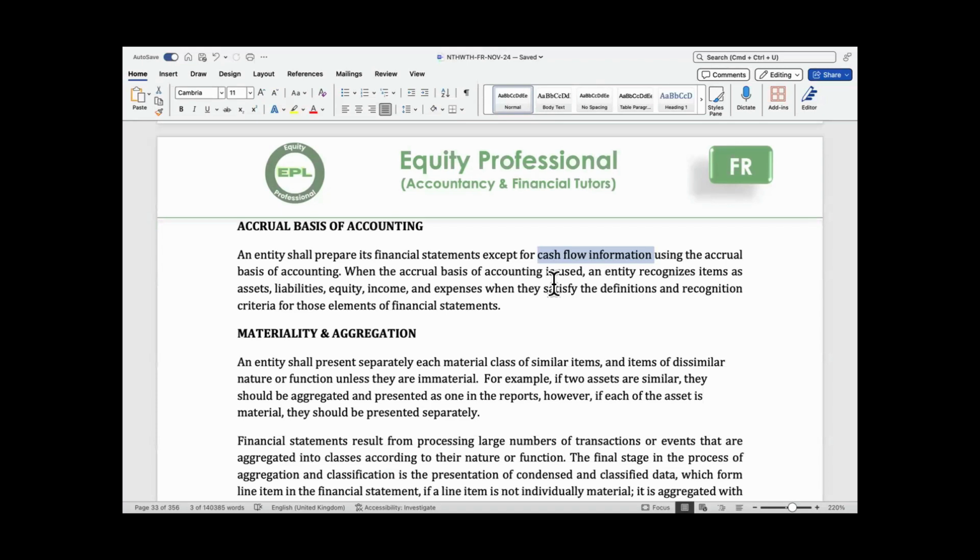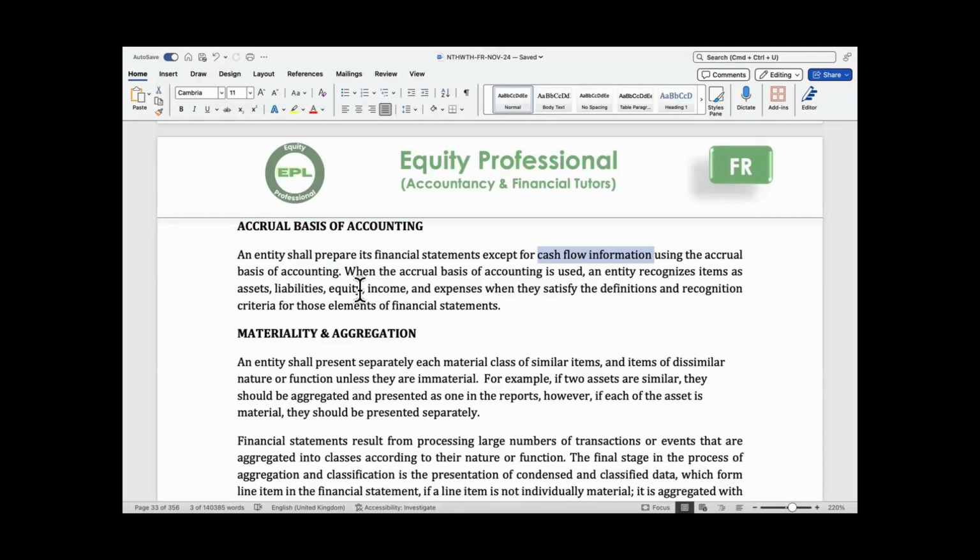At your level now, as skills level students, you need to go beyond that and understand that accrual basis is used when you recognize assets, liabilities, equity, income, and expenses when they meet the definition specified in the conceptual framework and also the recognition criteria as specified in chapter 5 of the conceptual framework.